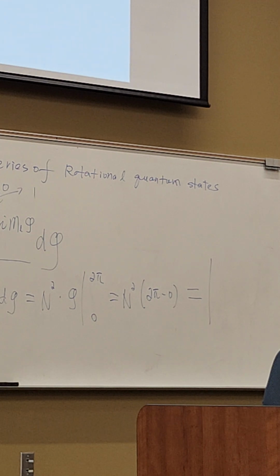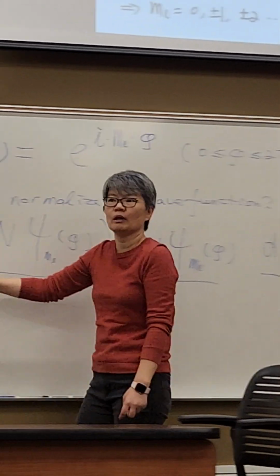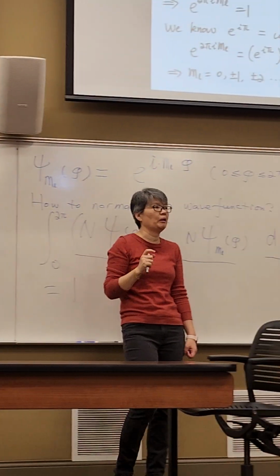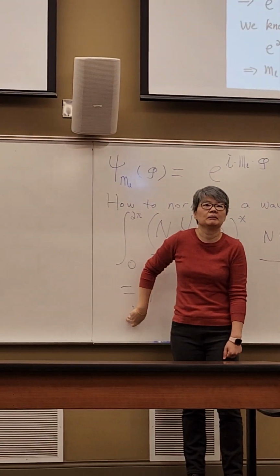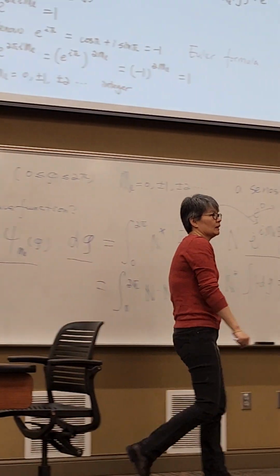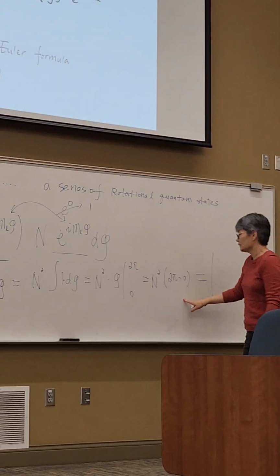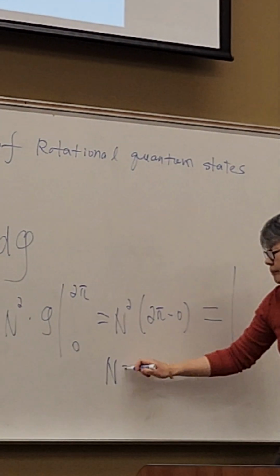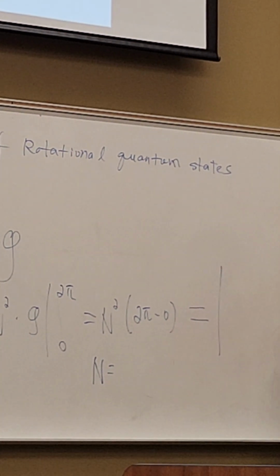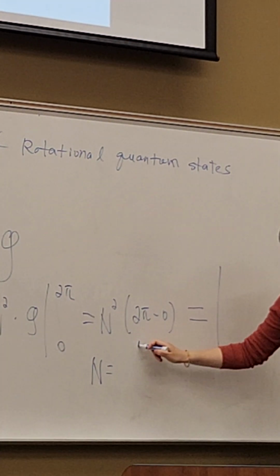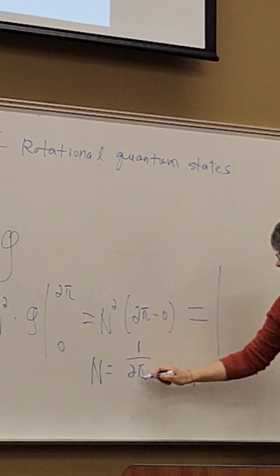Because this is your probability density times volume, the probability at one location, integrated over all allowed space, that's the total probability. Total probability equals 1. In that case, what do you have for n here? The square root of 1 over 2 pi.